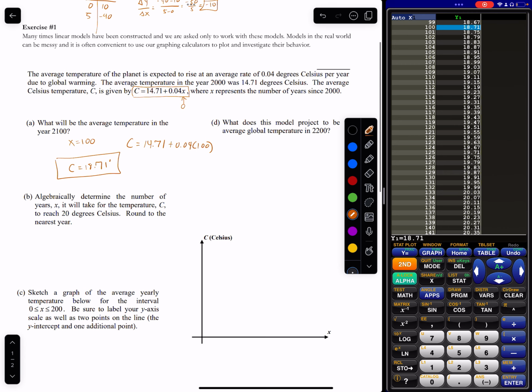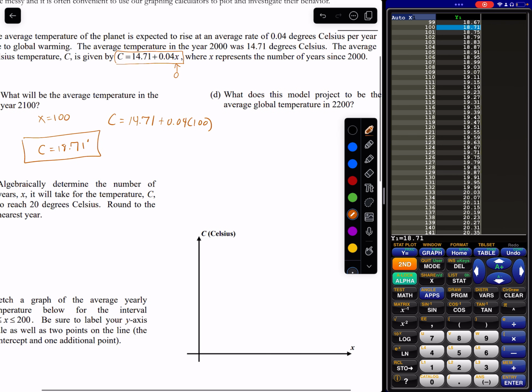And then what does this model project the average global temperature to be in the year 2200? So now we're going to say, well, let's check 200, because it's 200 years after the year 2000. So we would say our Celsius is equal to 14.71 plus 0.04 times 200 years later.